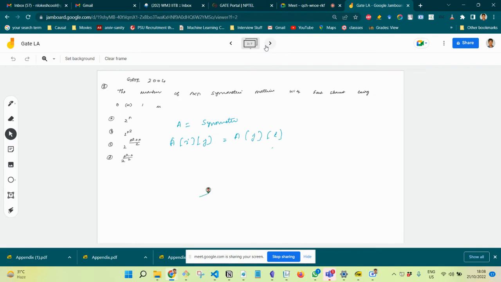Because you have this structure in a symmetric matrix, you have freedom to choose entries only for either the upper triangular or lower triangular part. Let's assume this is an n cross n matrix.